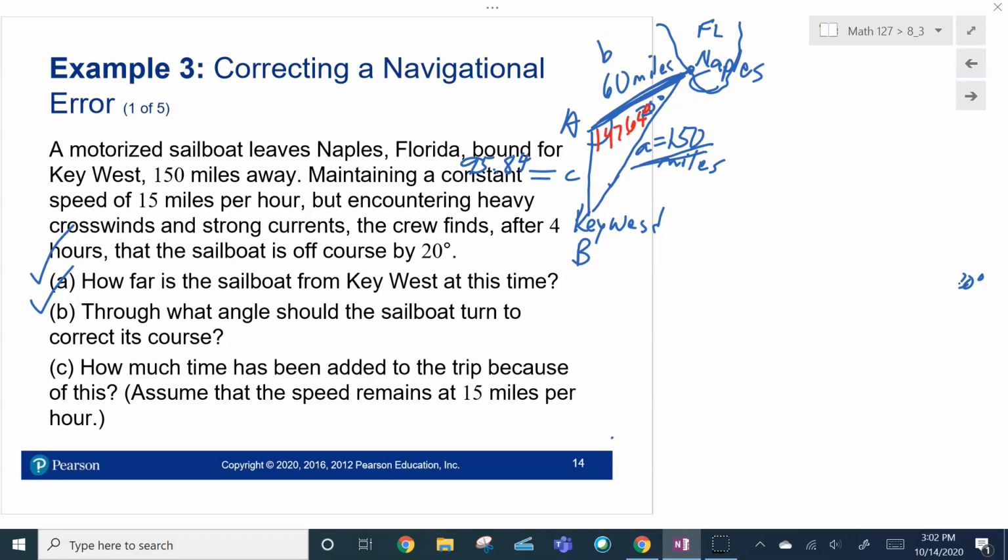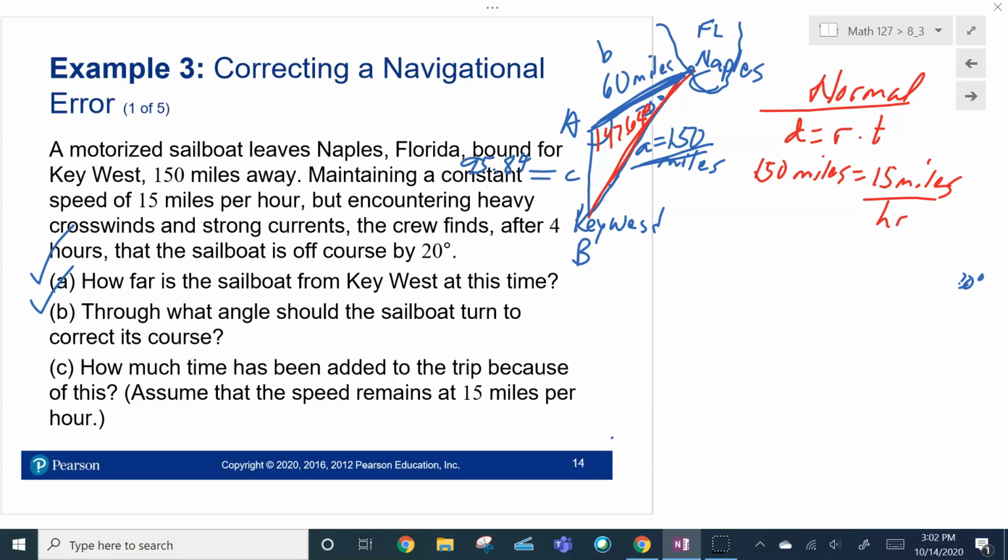Well, normally if we'd gone straight there, distance equals rate times time. We had 150 miles, our rate was 15 miles per hour times time. So divide both sides by 15, and it would normally have taken 10 hours.